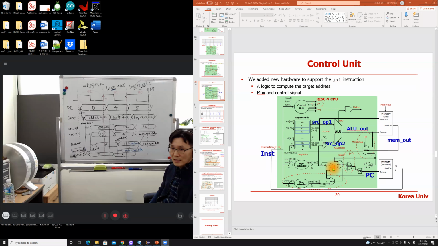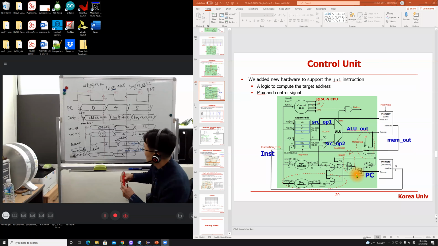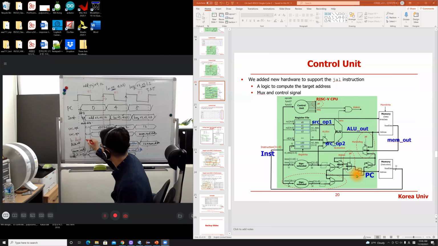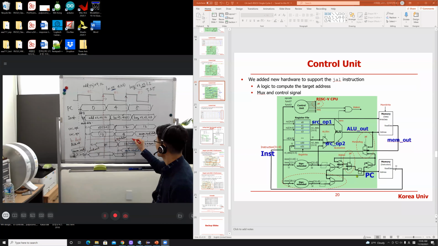So the CPU will select that and update the program counter. Very crowded. Let me draw here: branch destination. That is computed with this adder. And think about the delay.